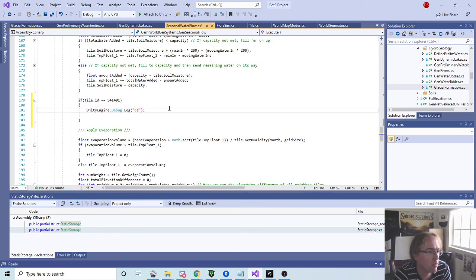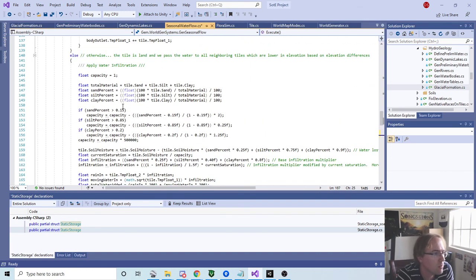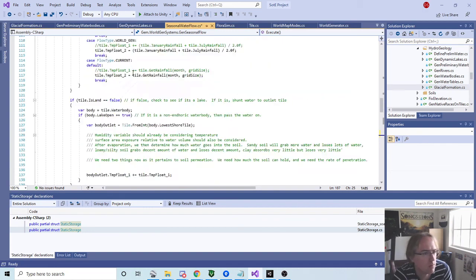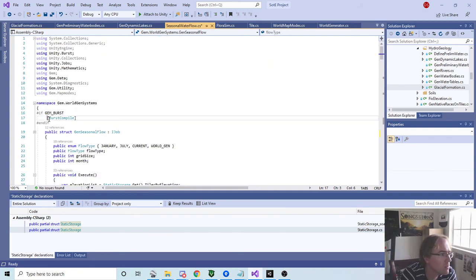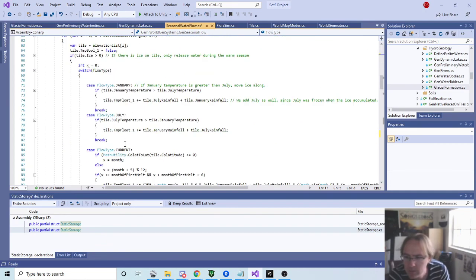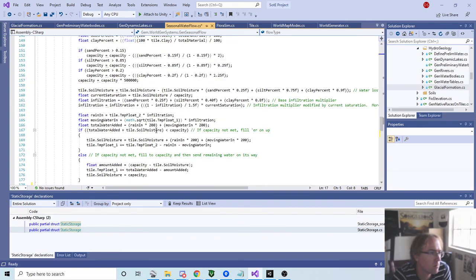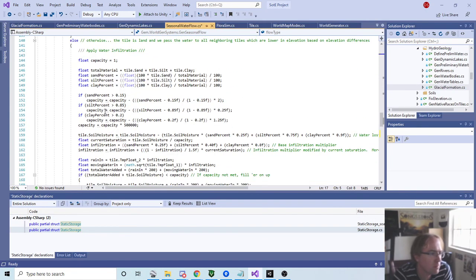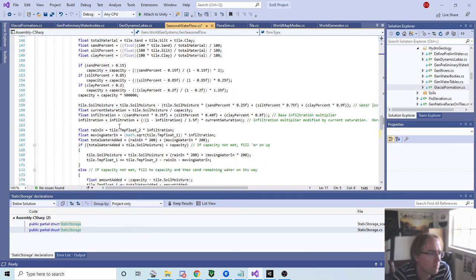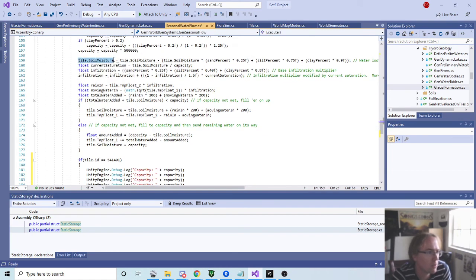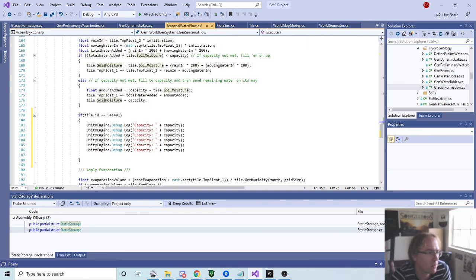So. Capacity. There. Now let's log out like everything else. And also let's disable burst compiler. Log out soil moisture at that moment.